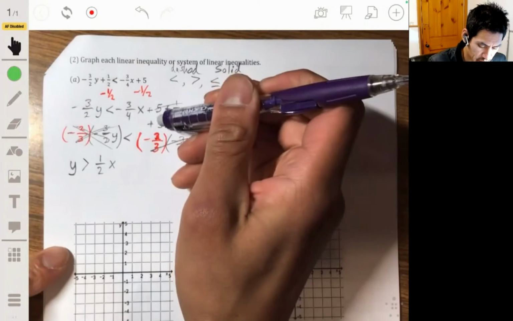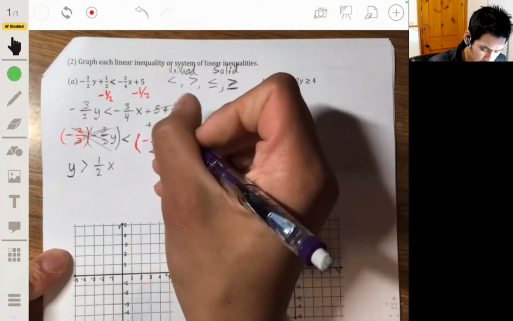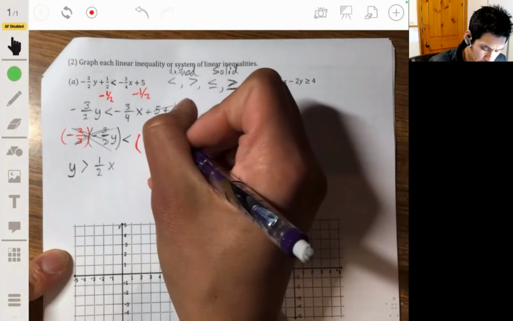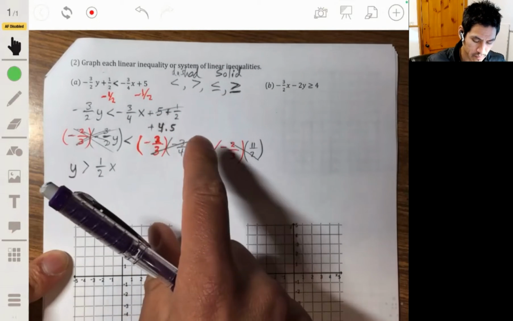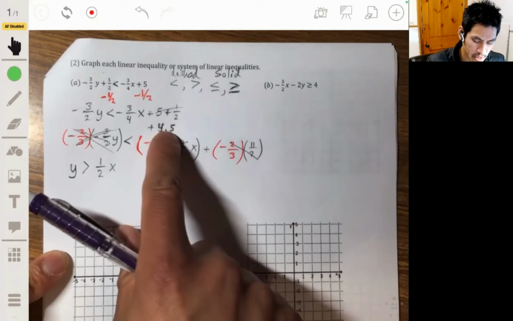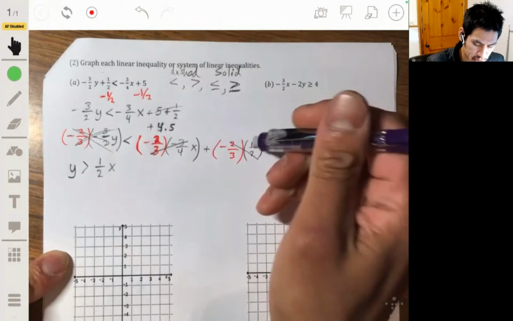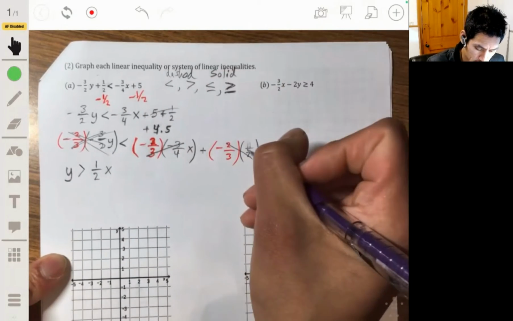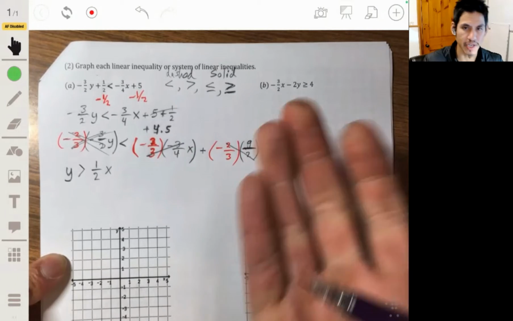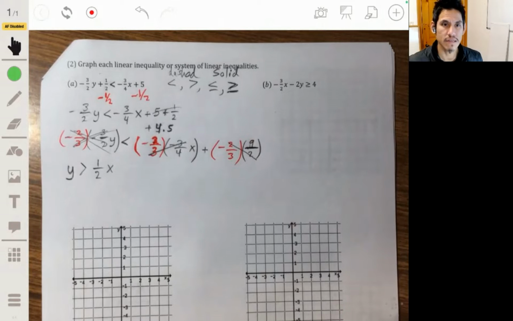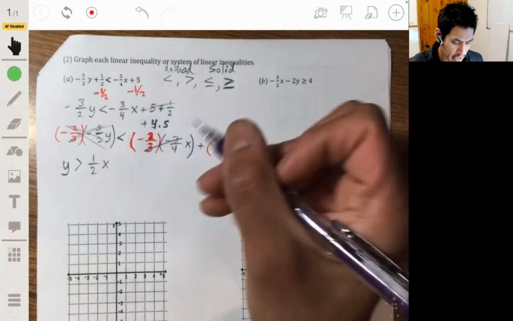So then instead of getting 5.5, I should get 4.5. And then instead of this being 11/2, this just becomes 9/2. Not a problem. Let me know if you caught that mistake. That'll be interesting. But yeah, my bad.